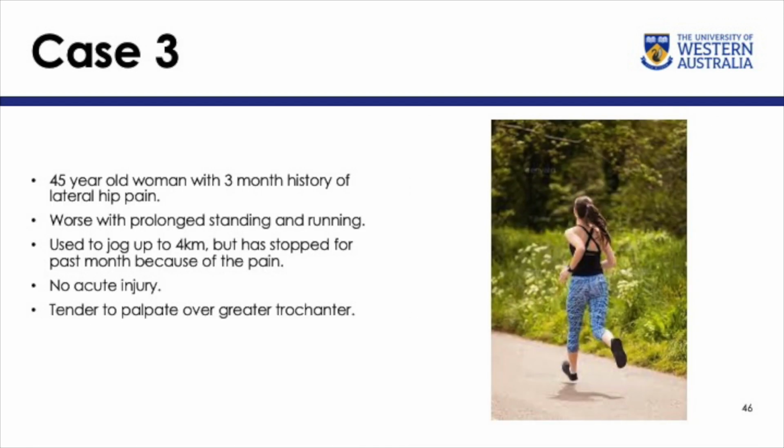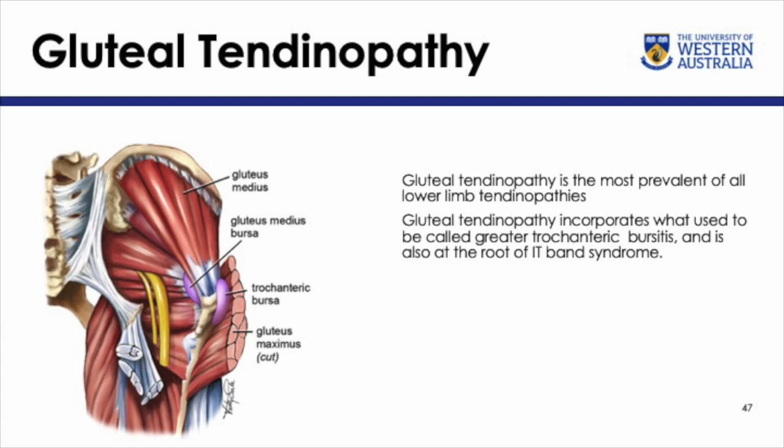Finally, if we move back to case 3, the 45-year-old woman with tenderness over the greater trochanter. This was gluteal tendinopathy, which is a very common pathology, the most prevalent of lower limb tendinopathies. It incorporates greater trochanteric bursitis and also is associated with iliotibial band syndrome.